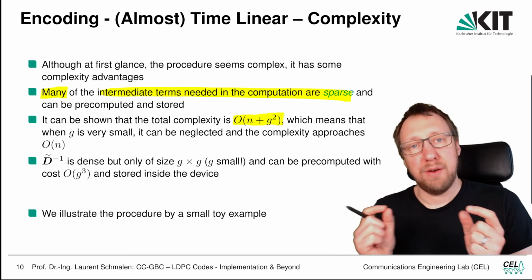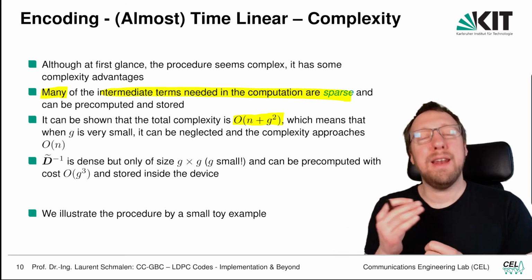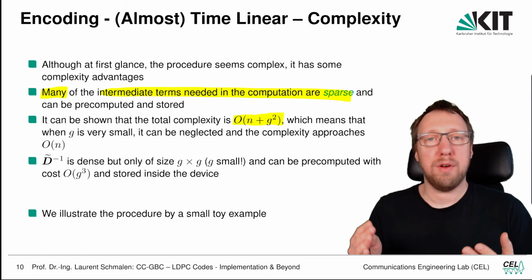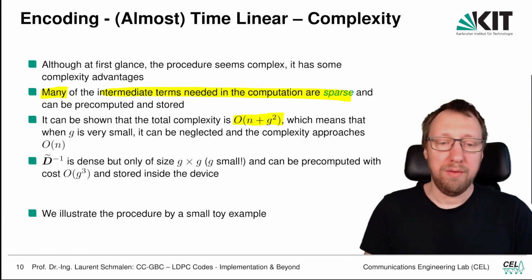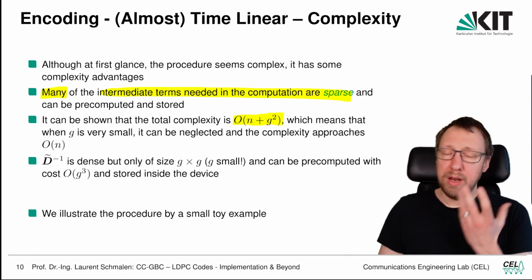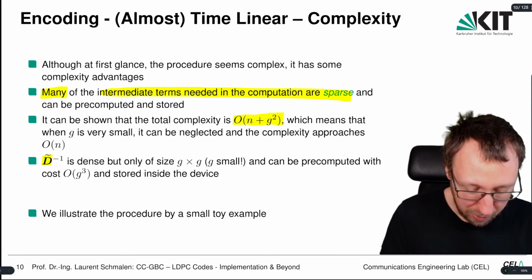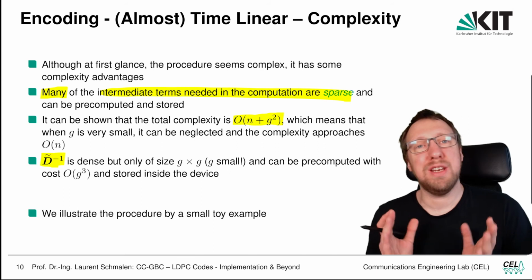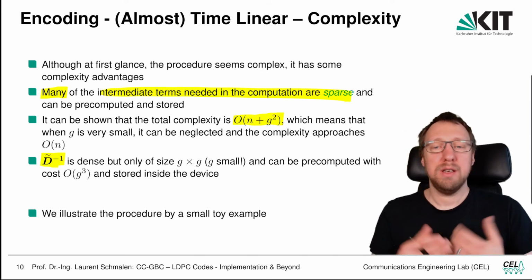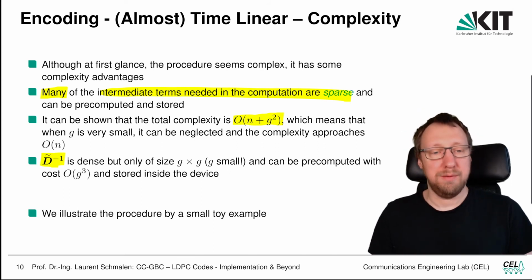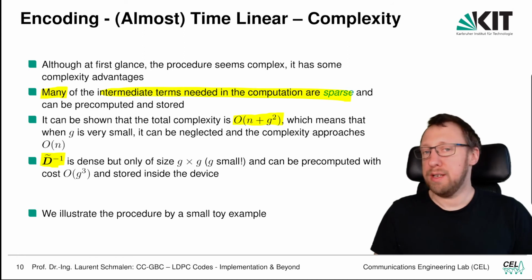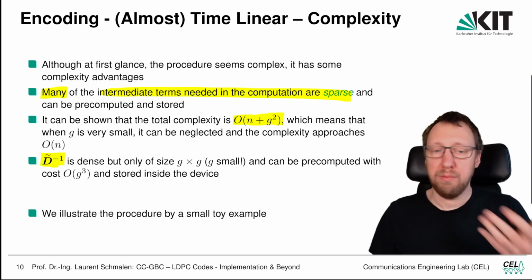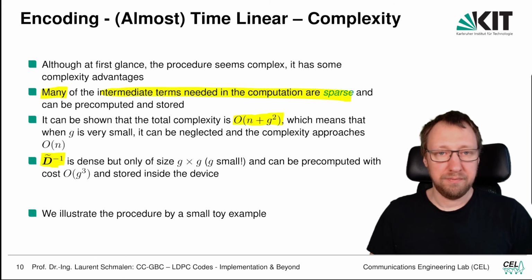It means if g is very small, we can neglect g and we have a complexity that approaches O of n. The only difficult part is D tilde inverse, but it is of size g times g, a very small matrix. The cost of inverting is g cubed, but we can pre-compute and store this one.